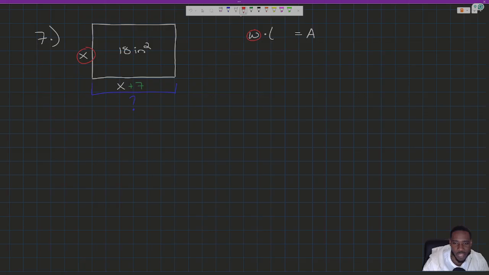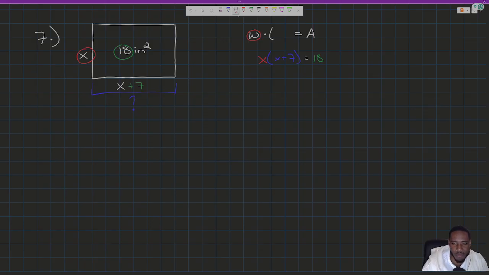And so what that's going to translate to is x times x plus 7 equals our area, which we know is 18. All right. And we go ahead and erase this. Let me put this here to make it look a little more familiar, right?